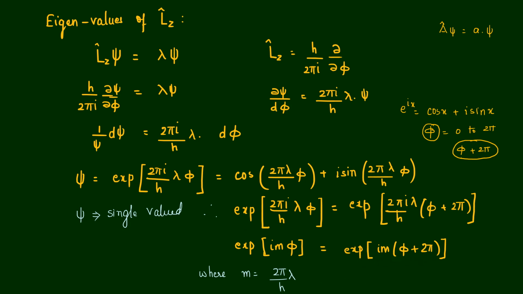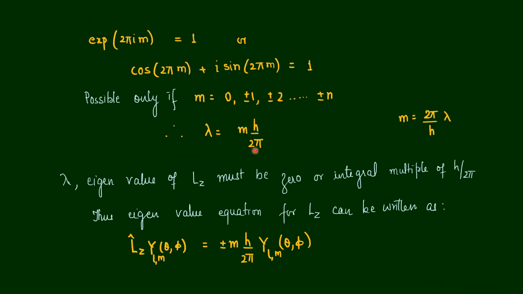That means this is nothing but exponential i m phi times exponential i 2 pi m. If we compare these two, we see that this term should be equal to 1. For this condition to hold, this should be equal to 1.